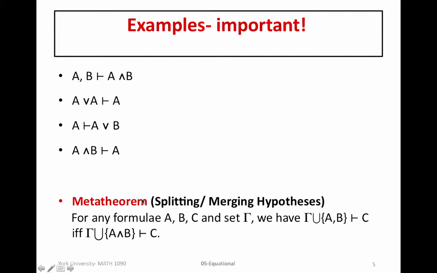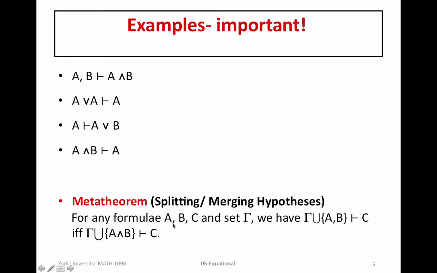For any formulae A, B, and C, and any set of formulae gamma, we have that any set of hypotheses gamma plus our two well-formed formulae A and B, if they prove a well-formed formula C, this is equivalent to, so for example, to prove C, if we need to add both hypotheses A and B to gamma in order to prove C, we could also, or equivalently, add one well-formed formula A and B to gamma to also prove C.